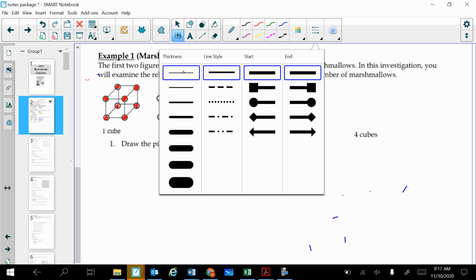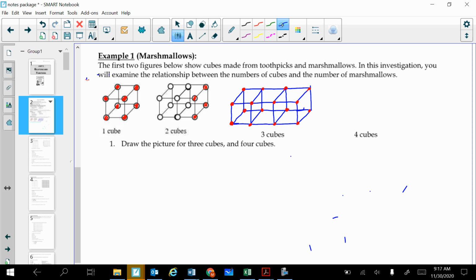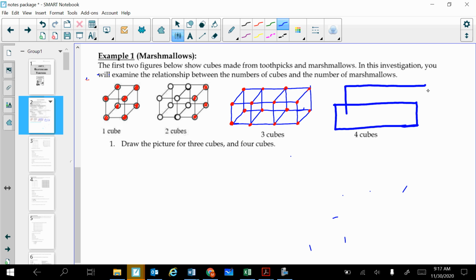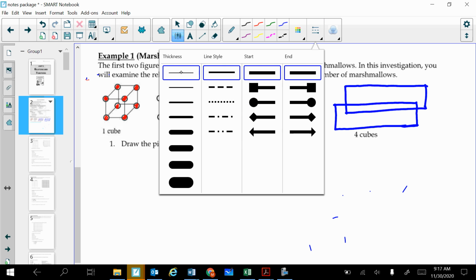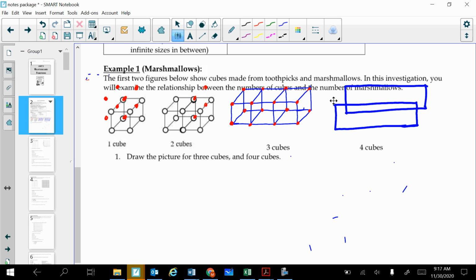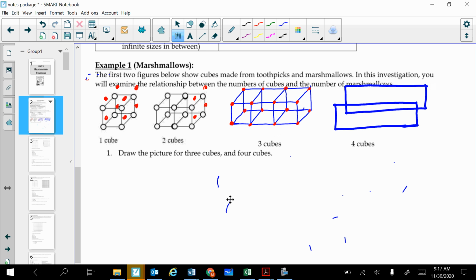Just follow the same system. Draw a rectangle behind it. Something like that. I'm just going to change the thickness of my pen. And I moved it, of course. Let's see, is it going to let me do it?